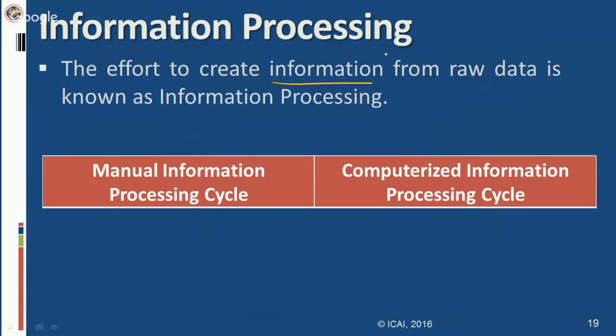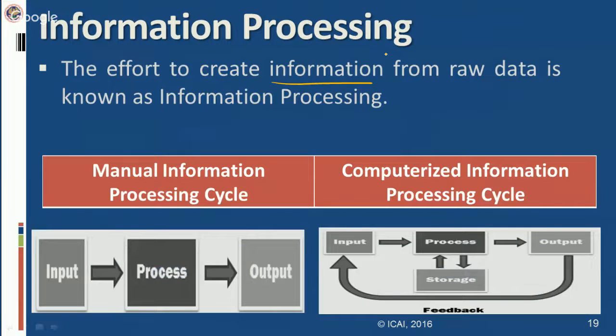Two types of information processing are defined. The first is the manual information processing cycle, and the second is the computerized information processing cycle. Now, as we can see through the diagram, the manual information processing cycle is defined as the systems where the manual intervention is quite high, whereas the computerized information processing cycle uses technology and the manual intervention is very low.